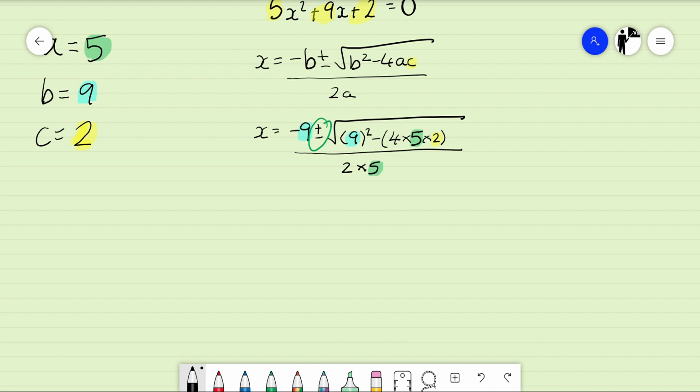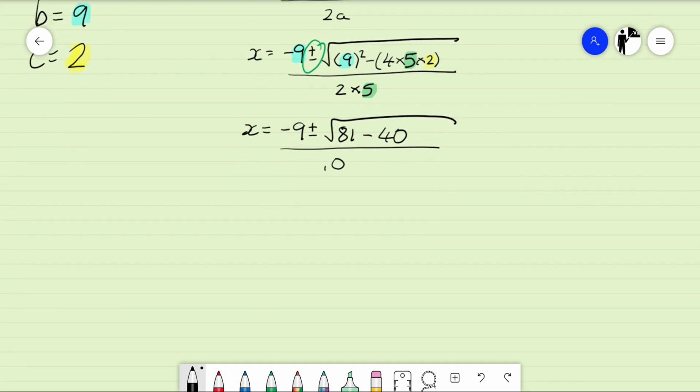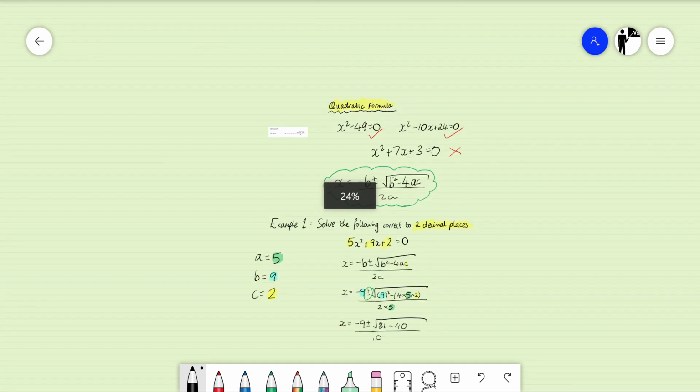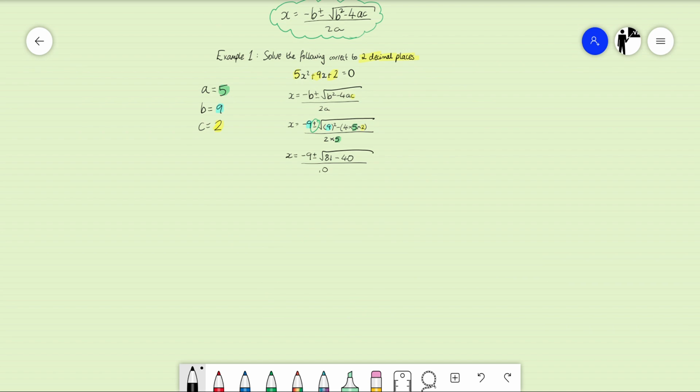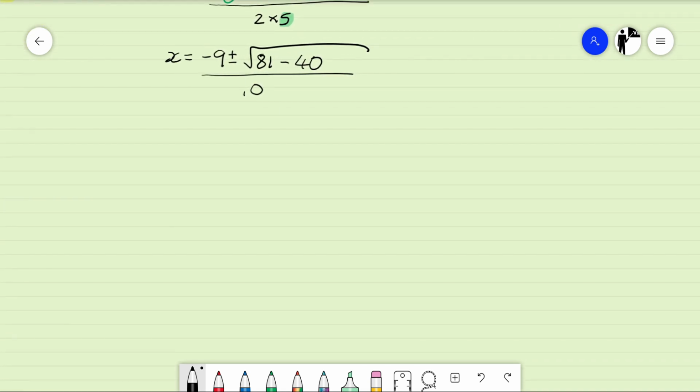But before we do that, we're just going to tidy this up a little bit. So we're going to have x equals minus 9 plus or minus the square root of 81 minus 40 over 10. That's going to make it x equals minus 9 plus or minus the square root of 41 over 10.